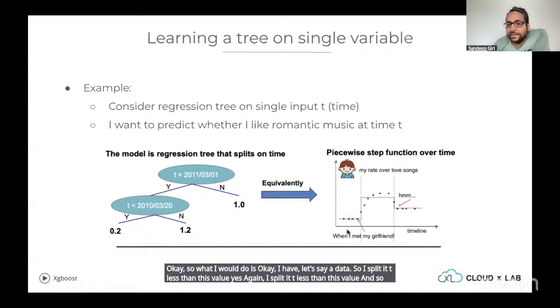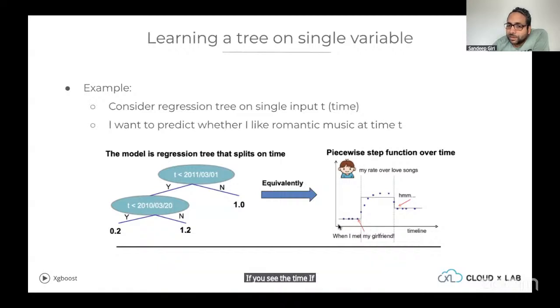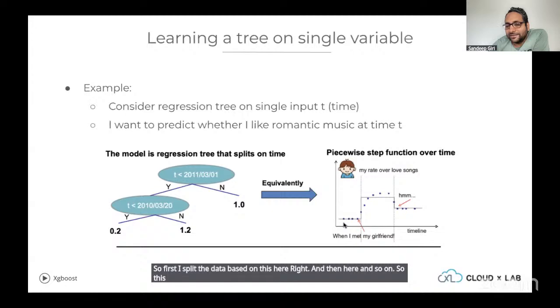So basically here, if you see, time is on this line. First I split the data based on this here, and then here and so on. So this is the part where I met my girlfriend. Then after a while, there was the period where I loved the songs, and then again introduced.